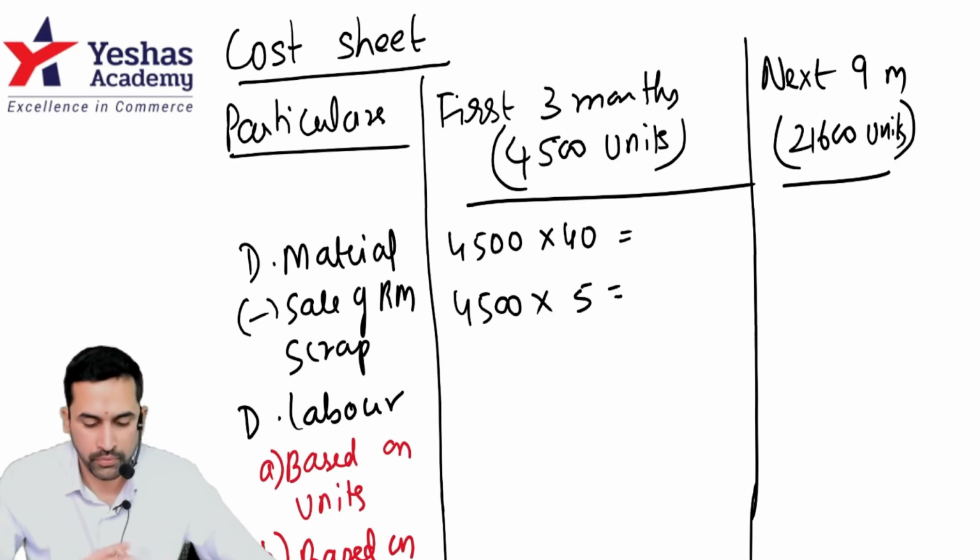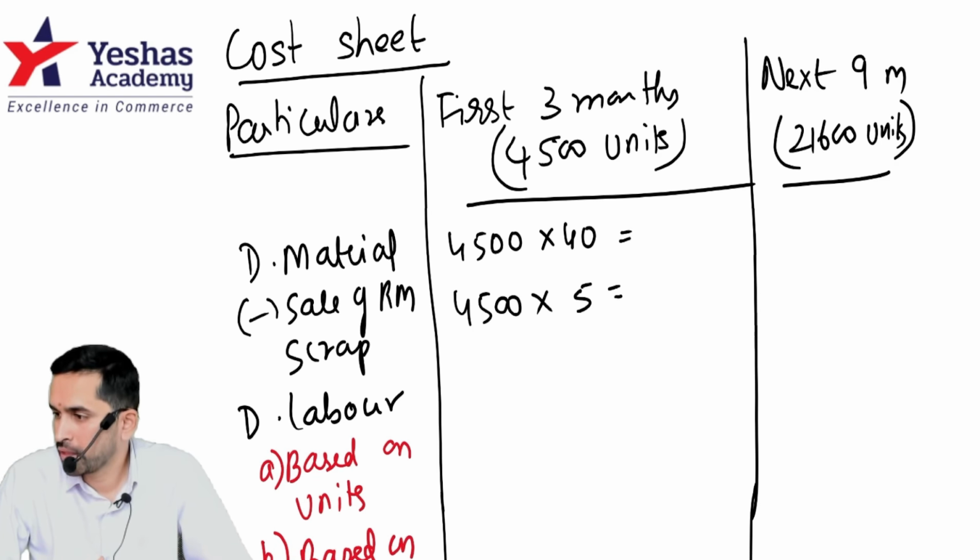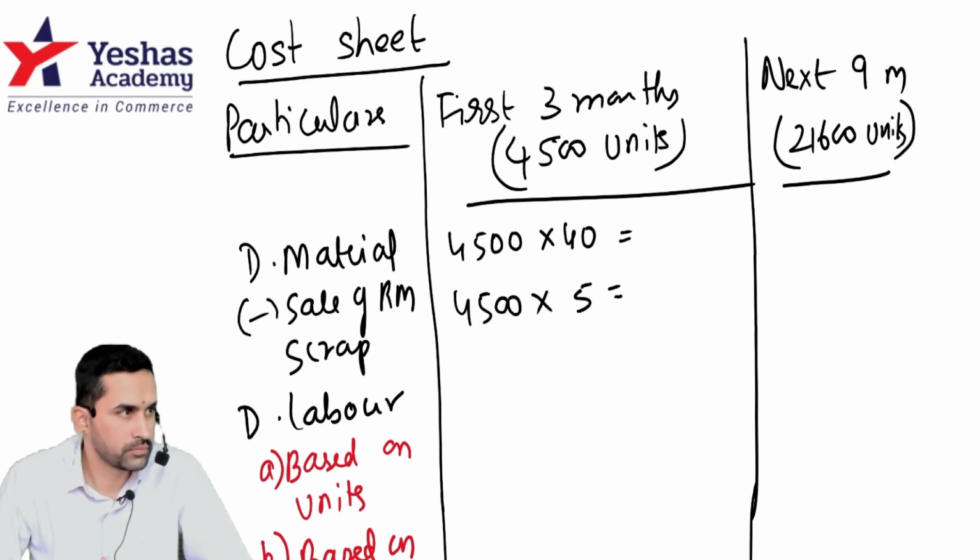Particulars. First 3 months, in brackets, 4500 units. Next 9 months, 21,600.